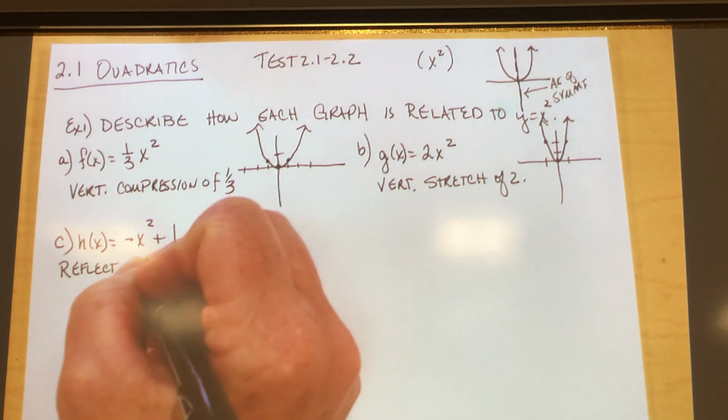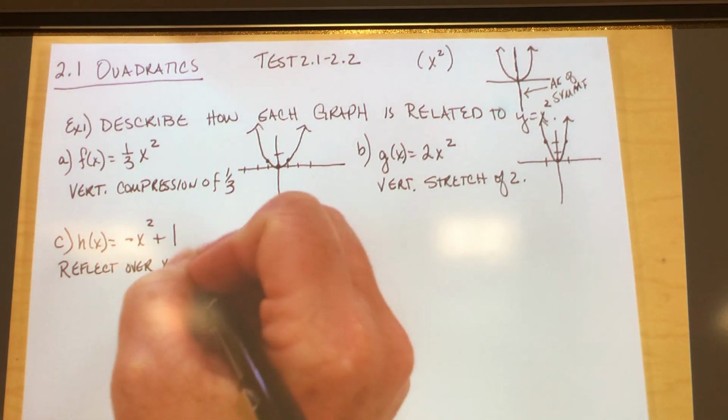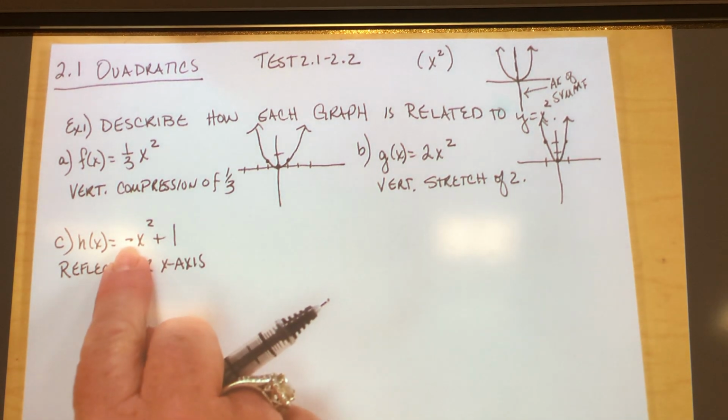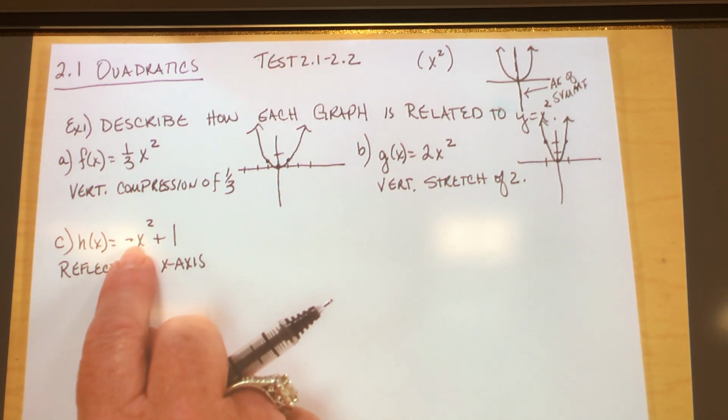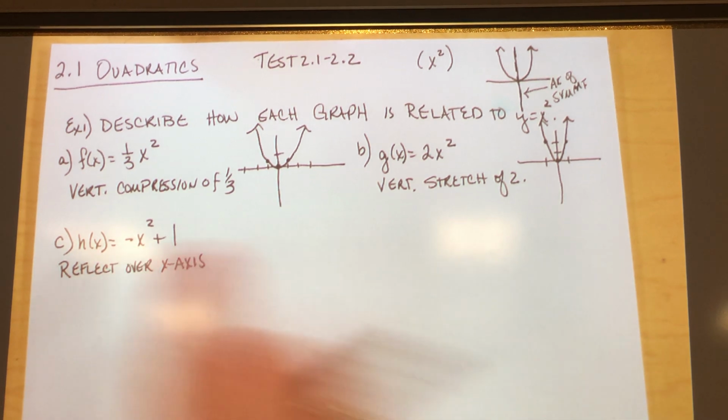So you reflect over the x-axis. And remember this, if the negative is on the y, let's address this one more time. How do I know this negative is on the y when it's sitting in front of the x? It's not in parentheses. If it were on the x, this is what it would have to look like.